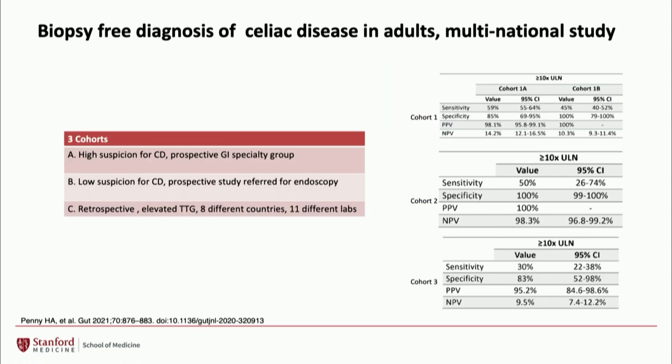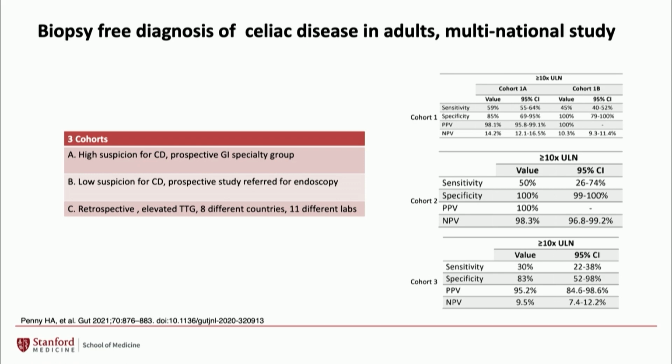Okay, and the other study was a multinational study. They had three cohorts: one with high suspicion for celiac disease, another with low suspicion, which was patients who were referred for endoscopy but did not have risk factors for celiac disease, and there was also a retrospective study in 8 different countries and 11 different labs.